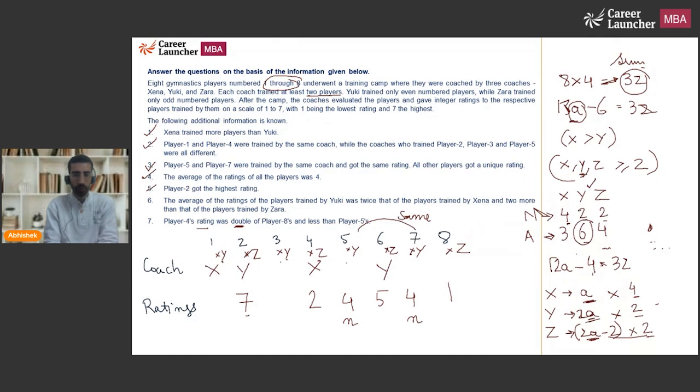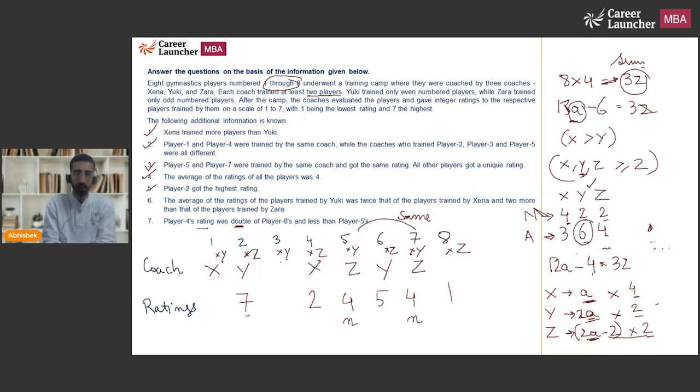Super. Now, Z, this must be the only possibility, right? Z with an average of 4. Because what other case would you have? 7 and 5 are taken. 6 and 8 doesn't make sense. 6 and 2, right? If I want an average of 4 from 2 players, I want a sum of 8.